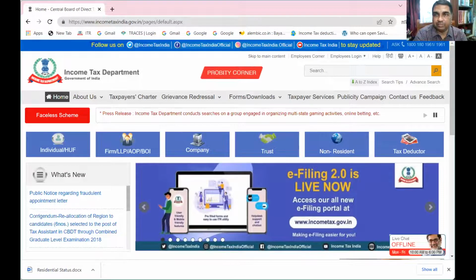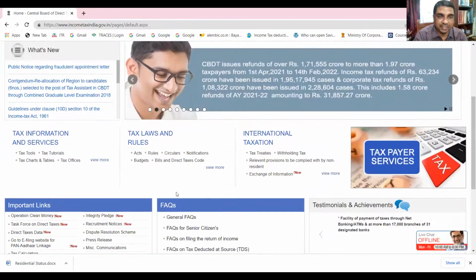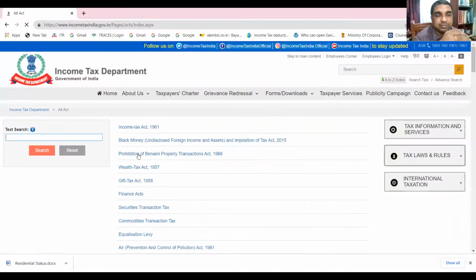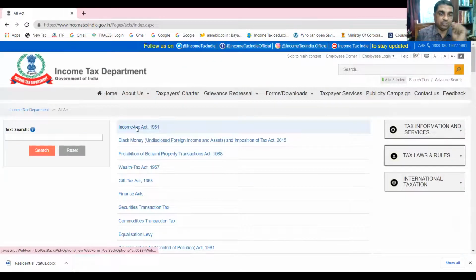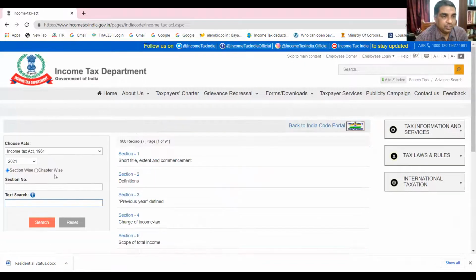Are you able to see now? Yes, sir. So these points that we're discussing regarding residential status, if you look at the Income Tax Act, first of all, I am taking you to the Income Tax Act. So let us see section wise.